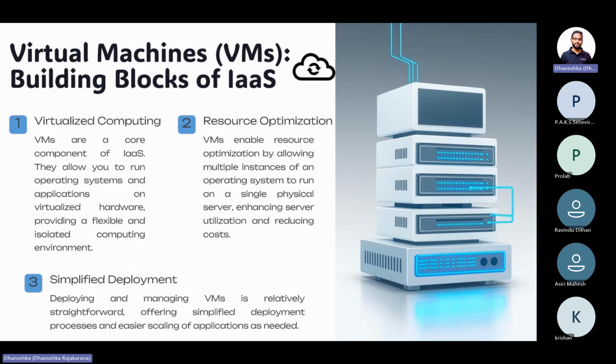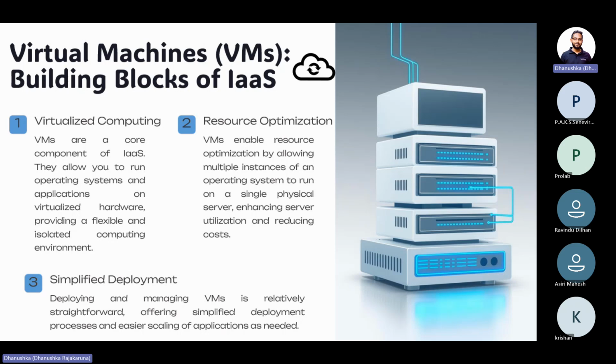So, the challenges of virtual machines are performance overhead, because we are using the physical machine's resources, management complexity, cost, and security risk. Best practices for virtual machine deployment are right-sizing resources, automation, regular monitoring, snapshots and backup management, as well as security hardening.